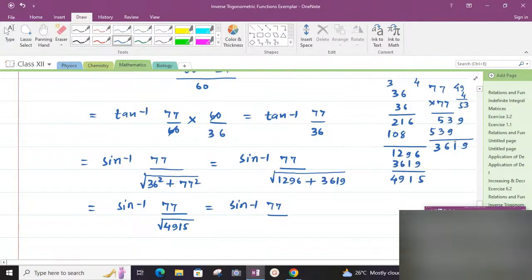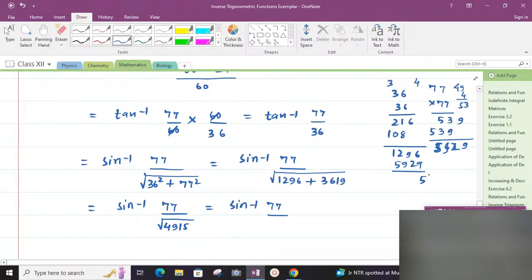Then here will be 9, here will be 12, here will be 9 and here will be 5. So we add here 5, 9 and 2, 9.